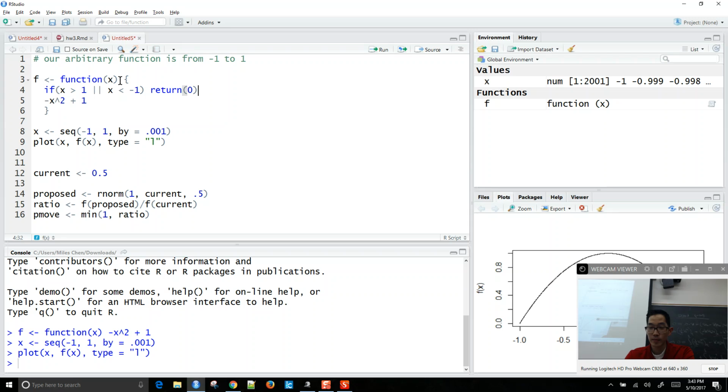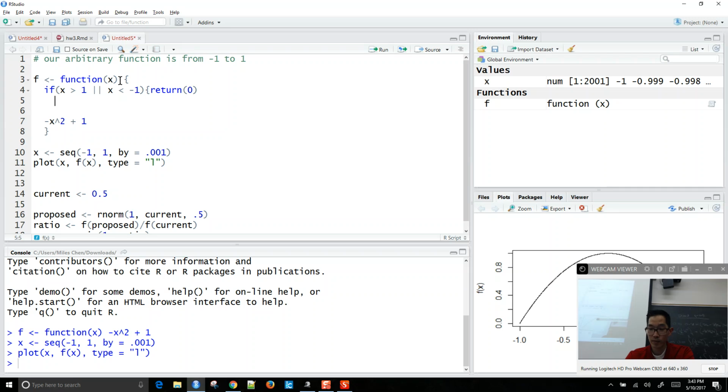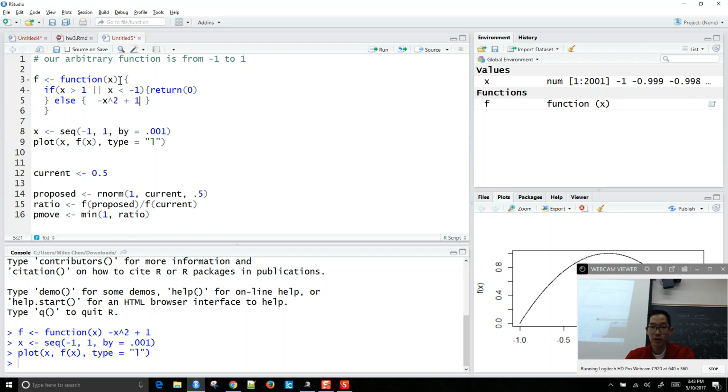Okay. I guess I don't even need the else. It'll automatically do that. Otherwise, return that. Okay. So this will be my f. This is what I have.